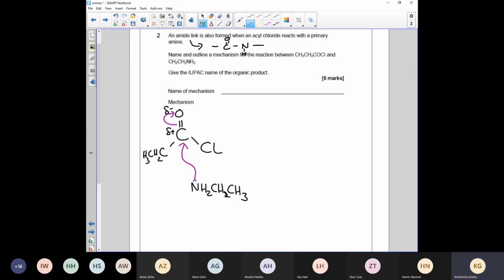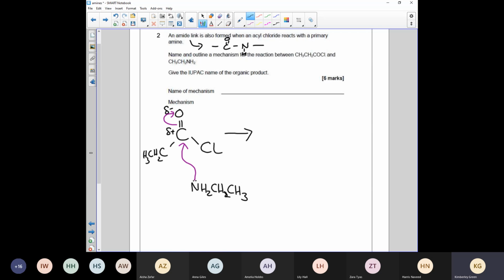So my arrow starts from the bond, and the electrons in that bond are given to the oxygen. The bond breaks, and the electrons that were in there are being given to the oxygen. Don't forget, when we draw these stick lines, it's a shared pair of electrons, so there are electrons in there, and they need to go somewhere if the bond is broken.